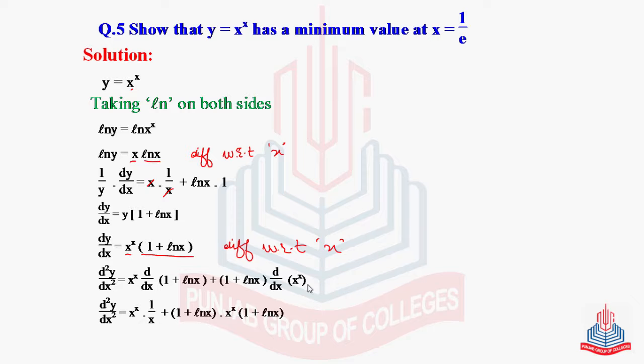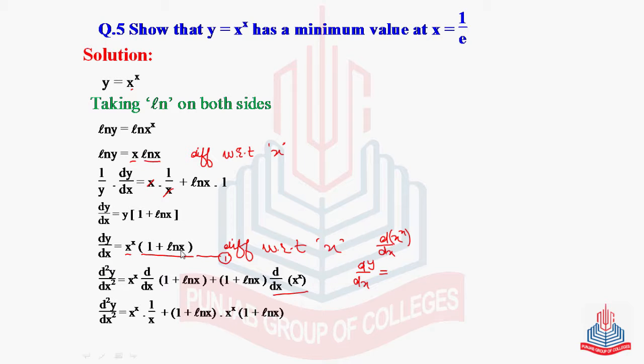This one is actually d by dx of x raised to the power x, and x raised to the power x is actually dy by dx. We can write d by dx x raised to the power x. And as x raised to the power x was equal to y, so we have actually dy by dx, and from 1 we may give a number, this one is 1, and from 1 dy by dx is x raised to the power x and 1 plus log of x.